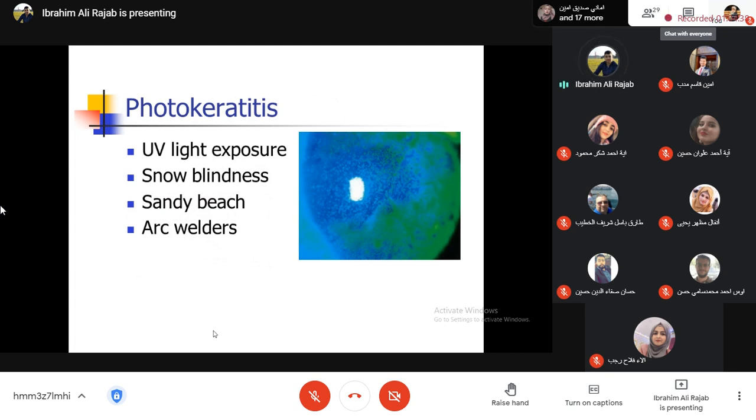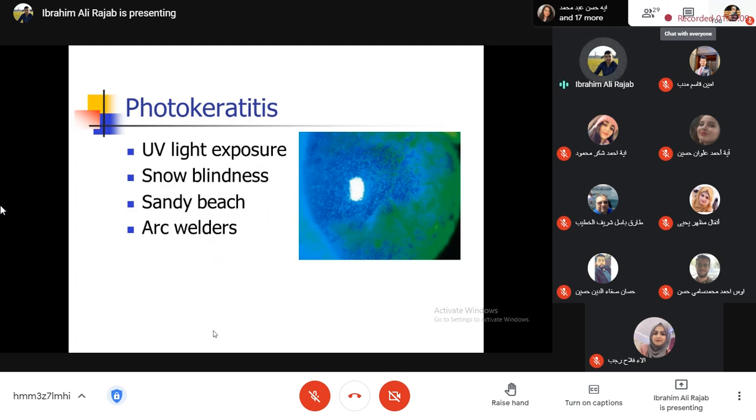Ultraviolet light will destroy the epithelial cells of the cornea, causing what is called punctate epithelial erosion. In adenoviral, it is called punctate epithelial keratitis. Here, in photokeratitis, due to UV light, it is called punctate epithelial erosion. We stain this erosion with a fluorescein stain.